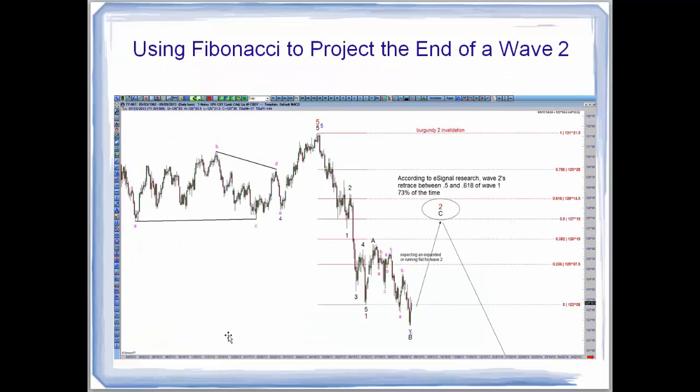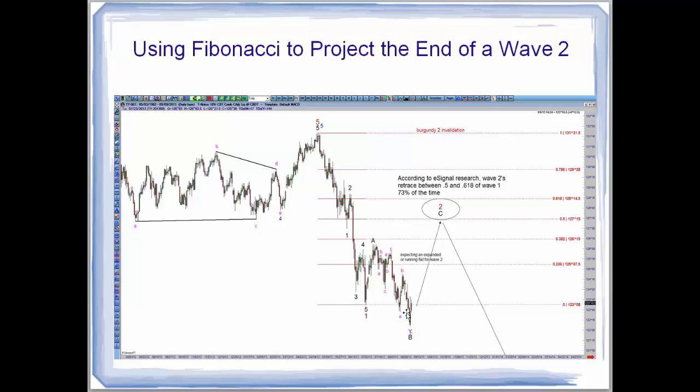Here's an example of drawing a set of Fibonacci retracements on a chart after a 5-wave impulse for wave 1. And we're looking for a target for the end of wave 2. Remember, wave 2 retraces wave 1 between 0.5 and 0.618 73% of the time according to the eSignal research.